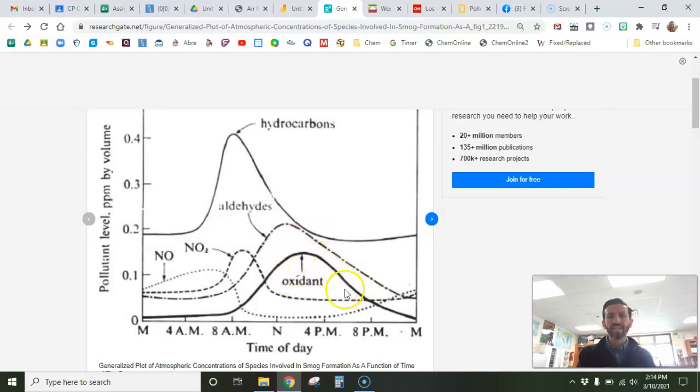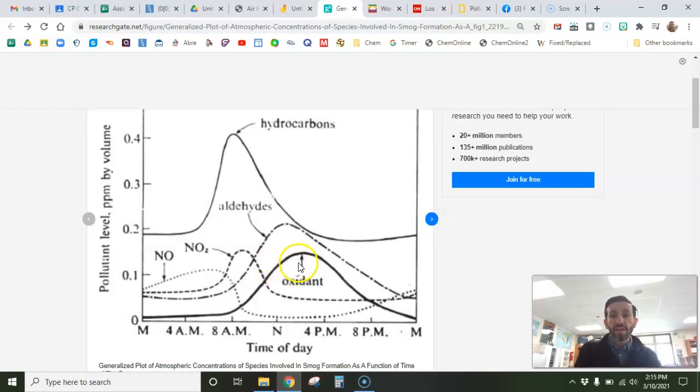And then as the sun starts to decrease, it actually causes everything to go down, okay? Everything goes down because the sunlight isn't there. So the energy from the sun helps the formation of this stuff.